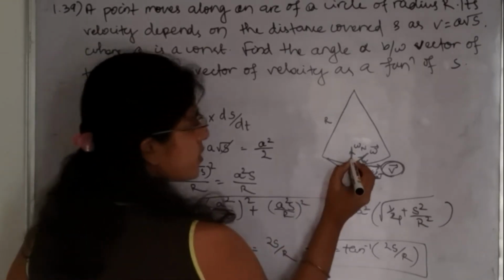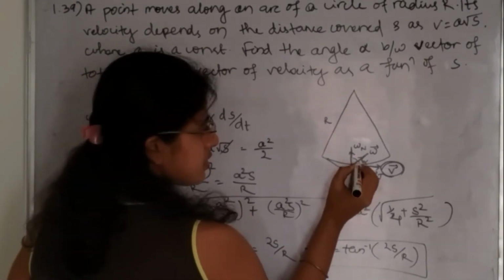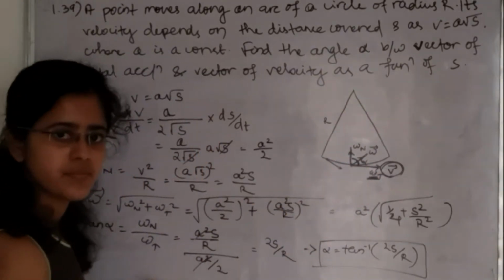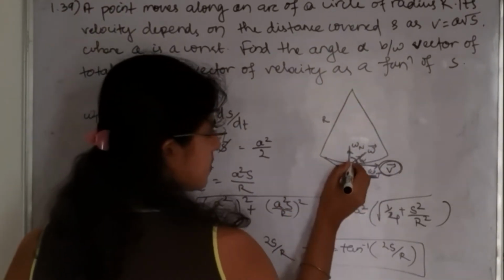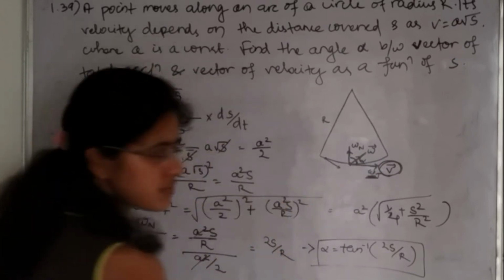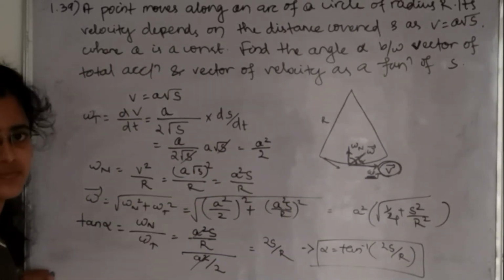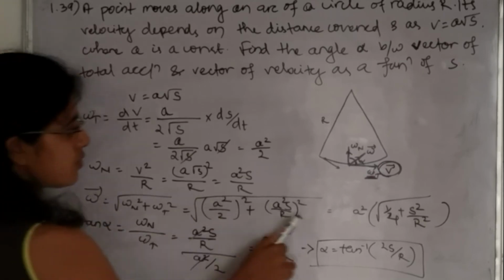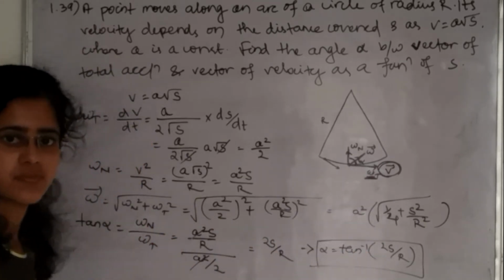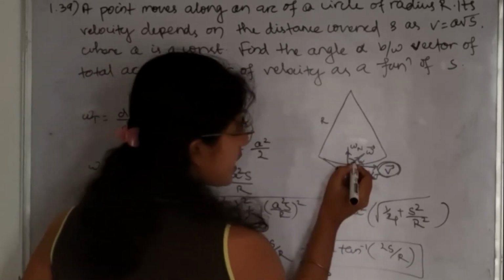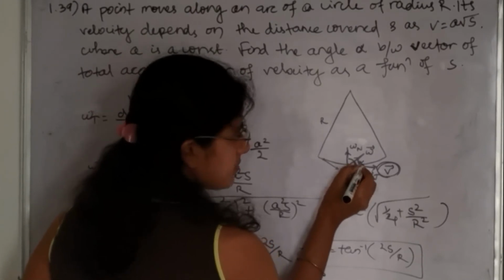So the angle between these is 90 degrees. That means the total acceleration will be heading in this direction, that is the square root of omega n square plus omega t square. So the total acceleration value will be this much. Okay, we have to calculate this angle alpha.